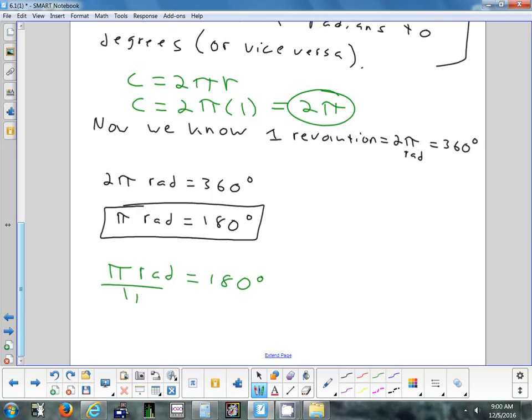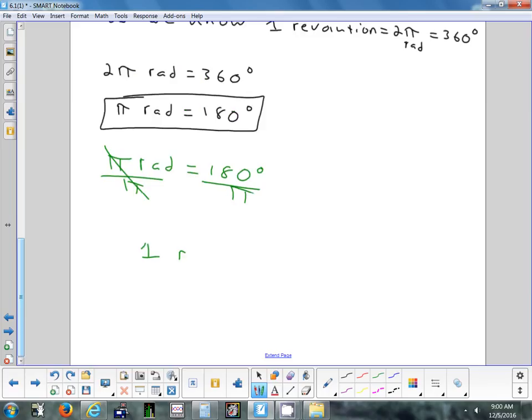Divide by pi, divide by pi, and I get 1 radian equals 180 degrees over pi. So if you want to know how many degrees are in a radian, just do that out. 180 divided by 3.14. It's about 50 something.